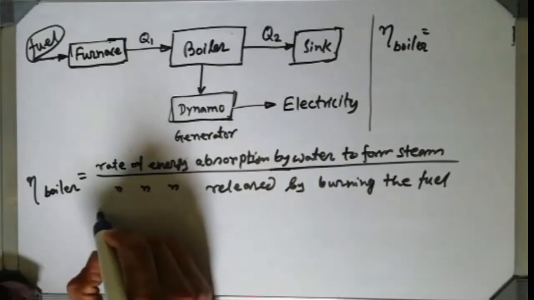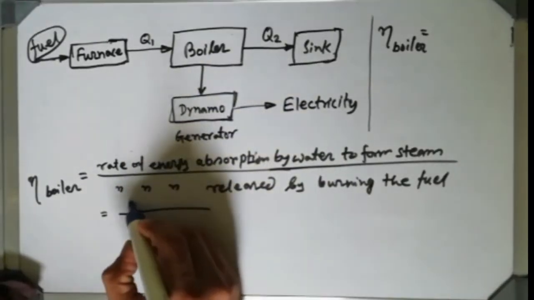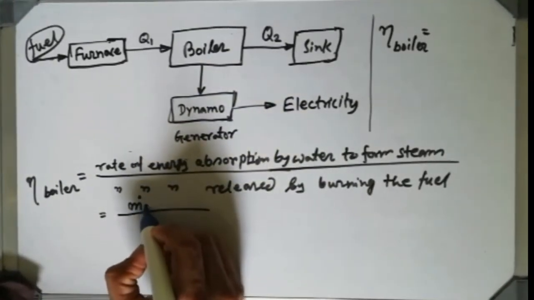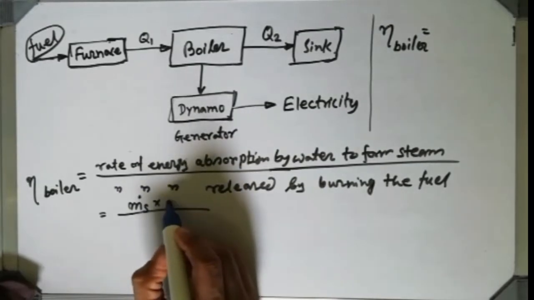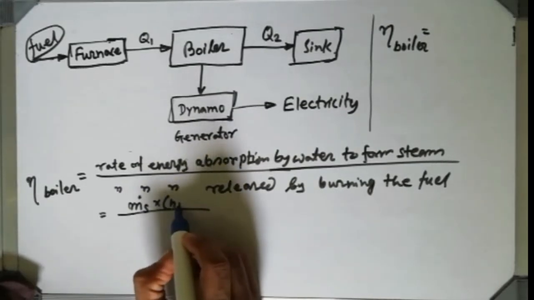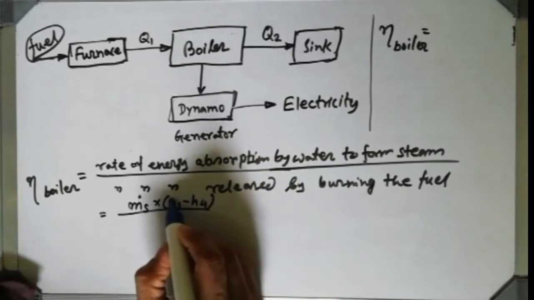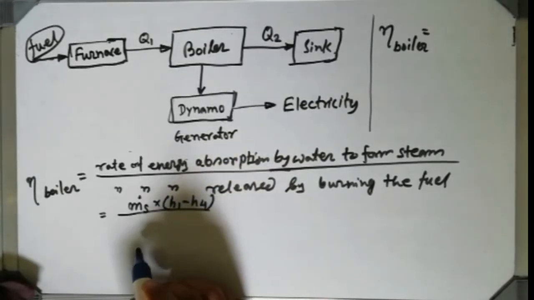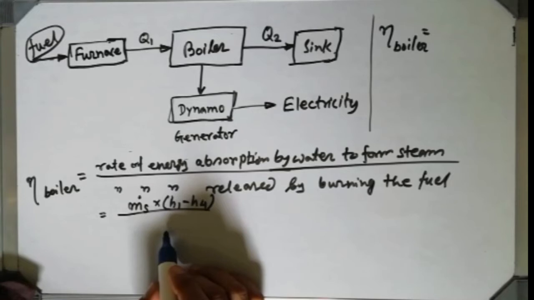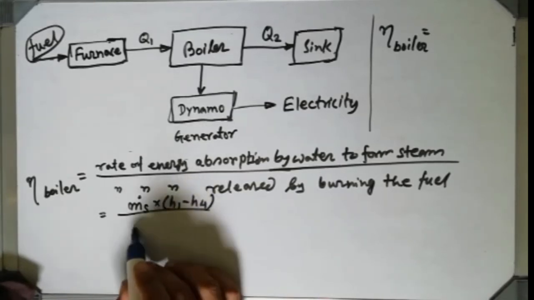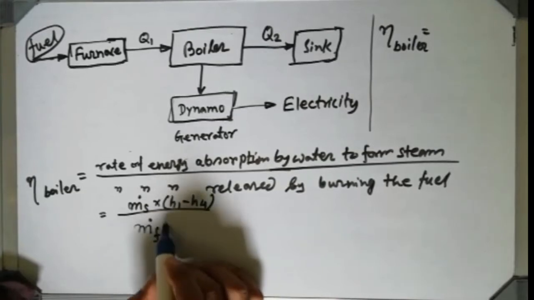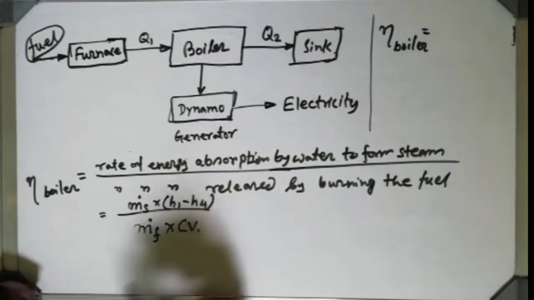Okay, so that way I can replace this expression like this also: mf dot s into the change in enthalpy for boiler, that is H1 minus H4. That thing we have already expressed, H1 minus H4, that is what amount of heat is actually utilized inside the boiler, and input, the same thing, mf dot cv.